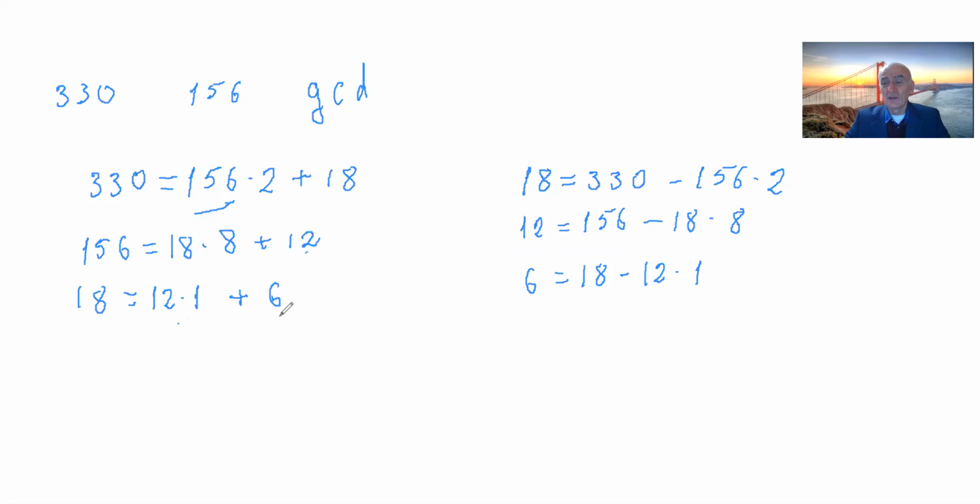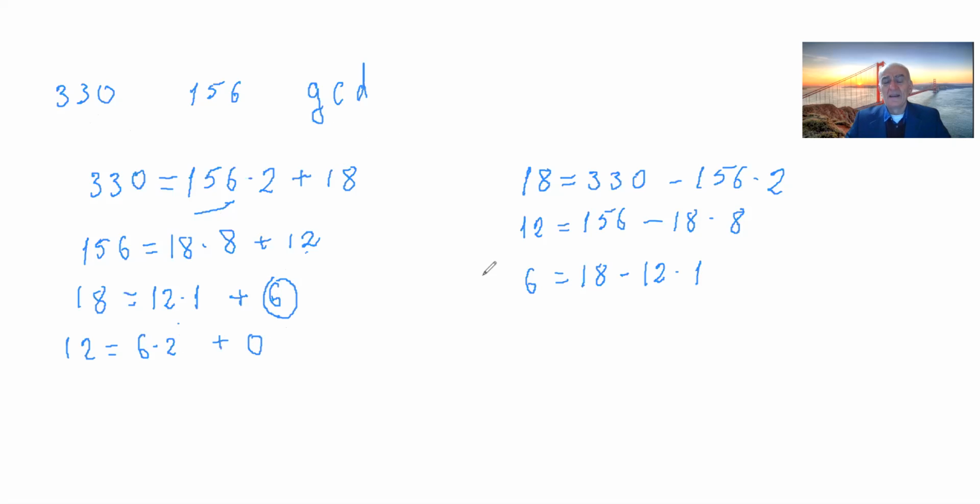Now, from here, 12, we should divide by 6. And 12, if we divide by 6, is going to be 6 times 2 plus 0. And this number, the last non-zero remainder, is the greatest common divisor of the given numbers.